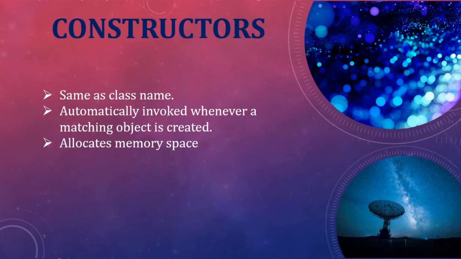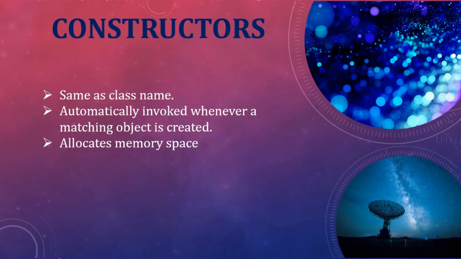The main thing is that both constructor and destructor names should be similar to the class name, right? The purpose of a constructor is to allocate a memory space, whereas the purpose of a destructor is to remove the memory space allocated by the constructor, right?